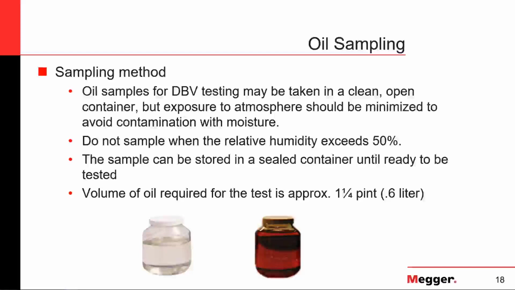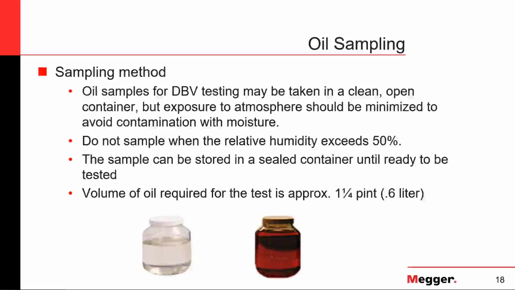Now, going into the sampling, again, like I said at the beginning, I want to focus on this part. It is really, really important. First of all, we need to make sure that we have the proper ambient conditions to be able to sample the oil from our equipment. The first factor we need to look at is the relative humidity in the air.